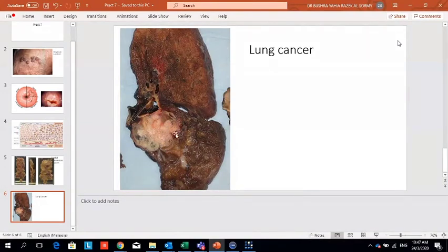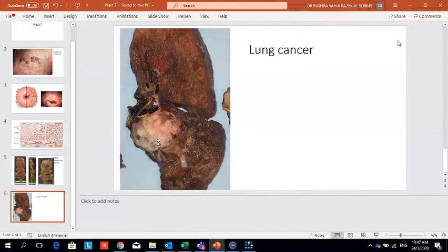Can you see the irregular shape? This is the bronchus; they arise from the bronchus actually. Here is a blood vessel, with blood inside. So most carcinomas arise in the hilum.